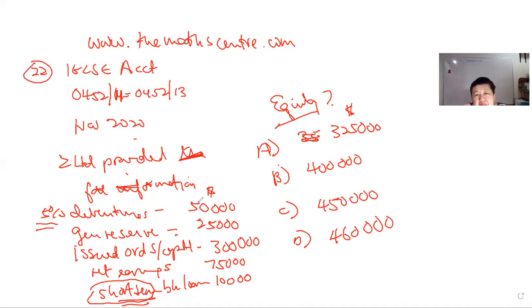It's a simple question, but they test your understanding of what constitutes equity. Debenture is not equity. Debenture is non-current liability. General reserve, yes. Ordinary share capital issued, yes. Retained earnings, yes. Short-term bank loan is current liability. So therefore, your answer is 25,000 plus 300,000 plus 75,000, and so your only answer is B.